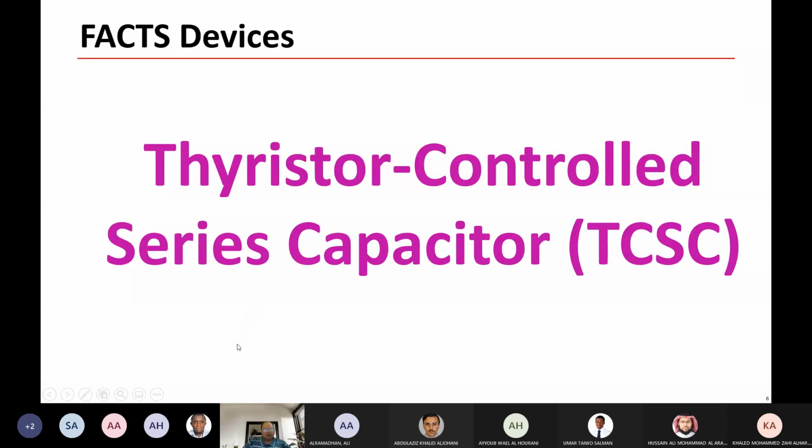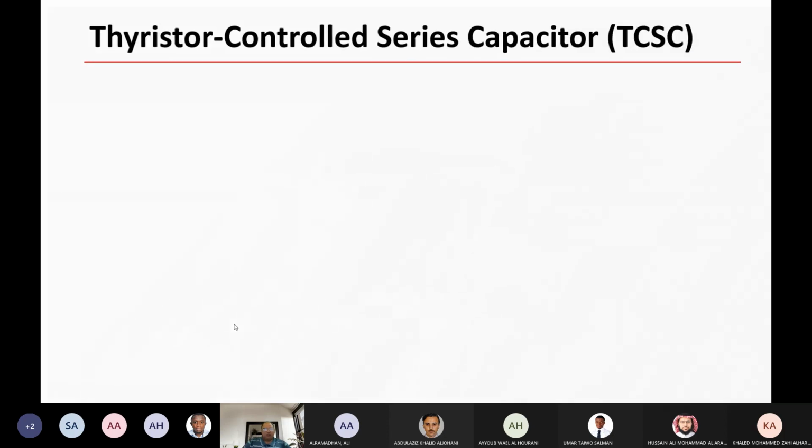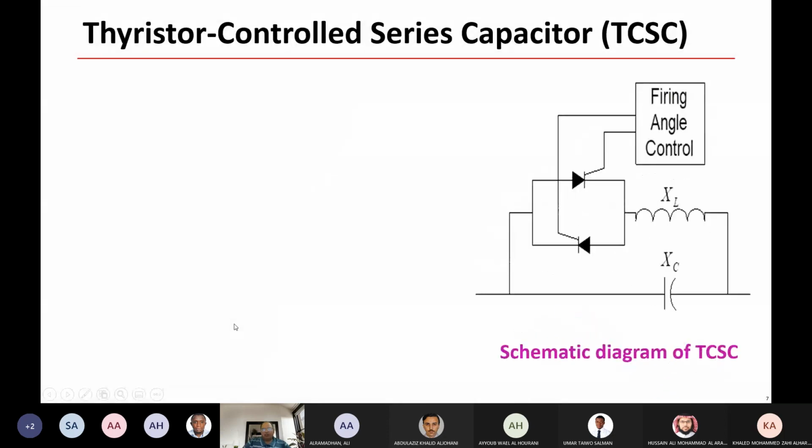Let us see another type, which is the thyristor controlled series capacitor. So we have here a series capacitor. You have here XC, and you have here like controlling.